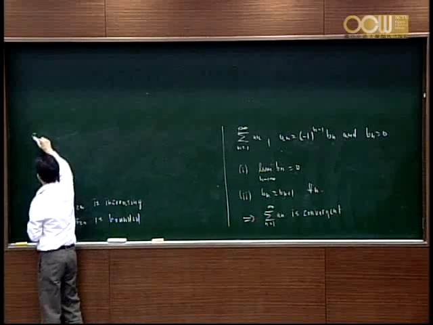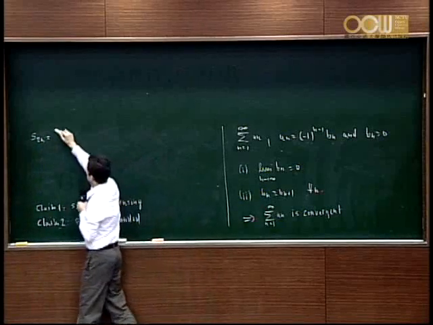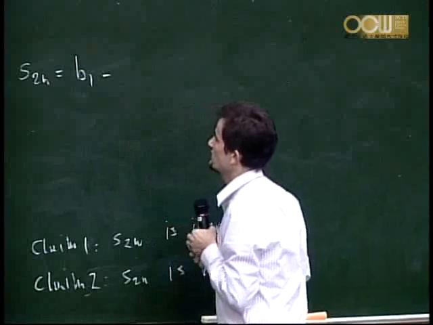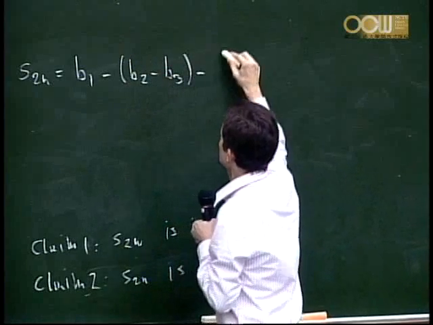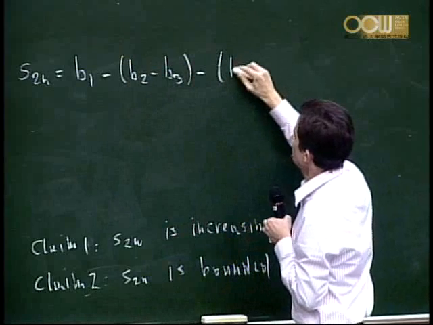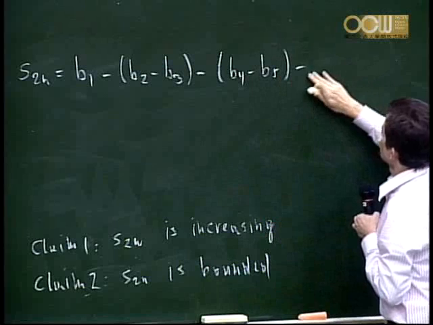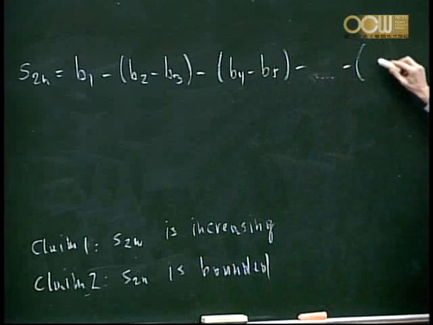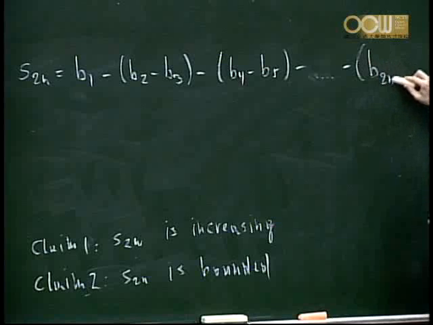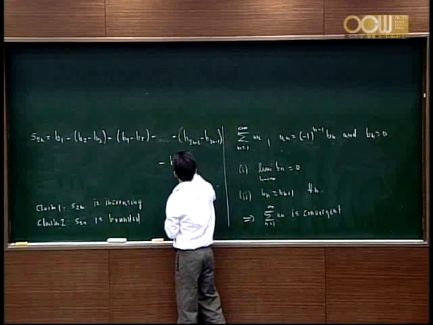Namely, you observe that S2n is equal to, so you start with B1, then you have minus, and then you write B2 minus B3 minus, and then you have B4 minus B5, and so on. So the last ones are B2n minus 2 minus B2n minus 1, and then you have a minus B2n.